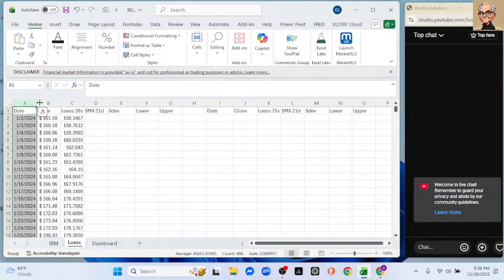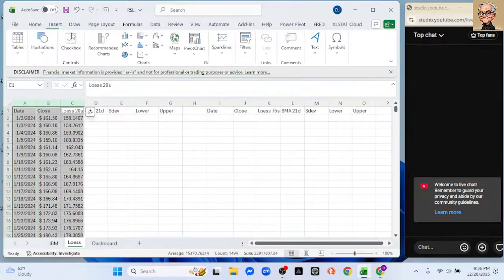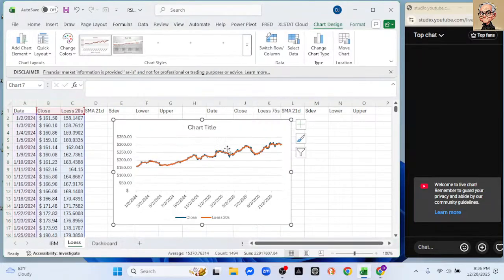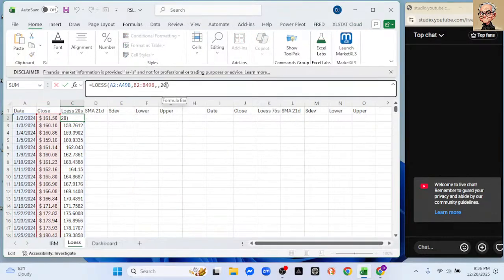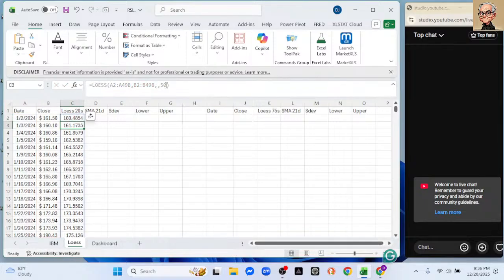So let's take a quick look at the close with this. You can see the 20 matches the fit of the actual closing price. We can change this value to anything we want, but let's just go to 50 and take a look at 50 so you can see what I'm talking about.